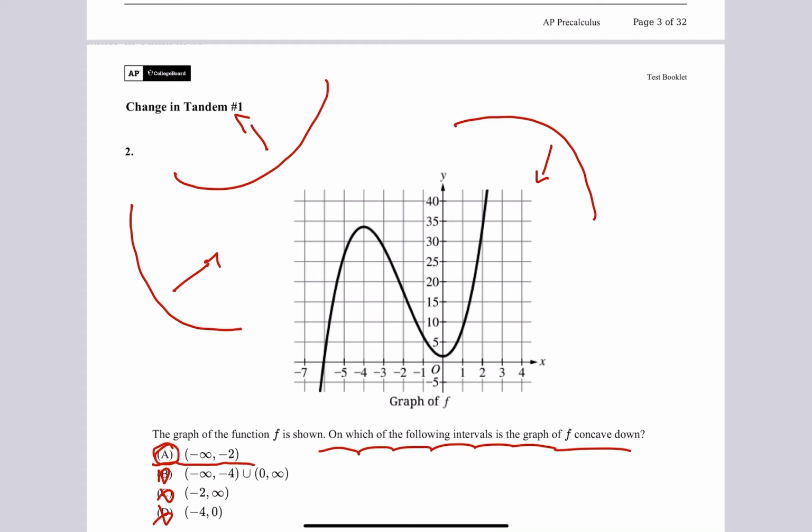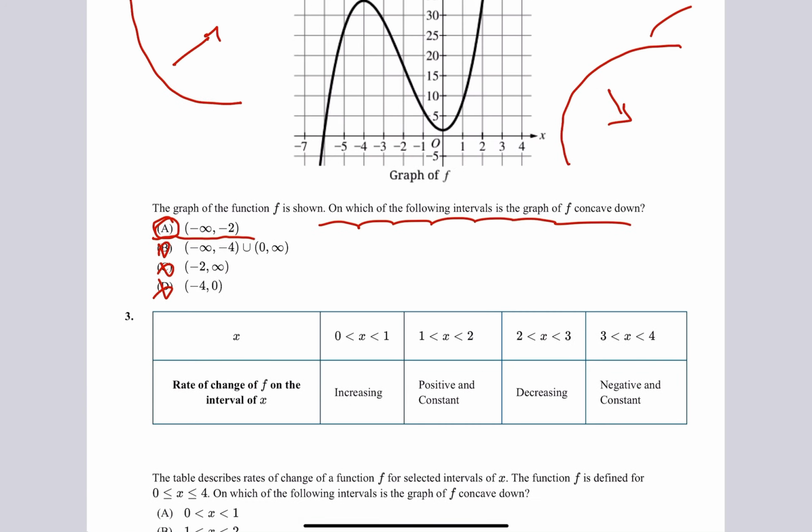Yes, like this. It could also look like this. This would have a concavity that's facing downwards. So you have this variation, you have this one, and that's pretty much it. Okay, you can move on to the next question.